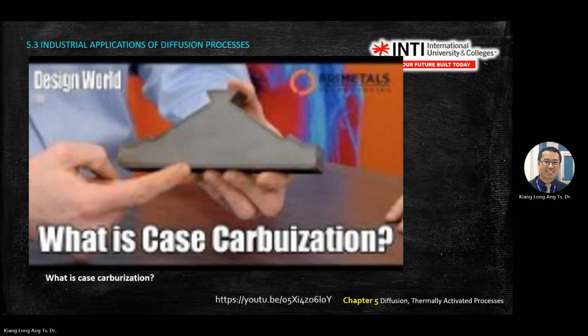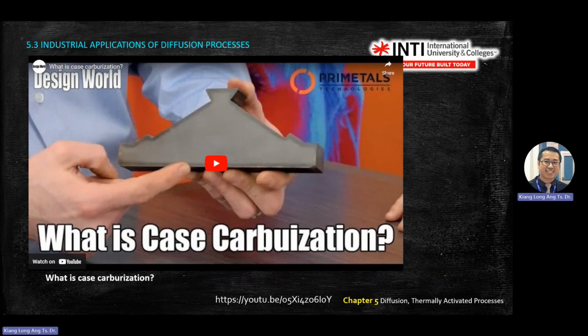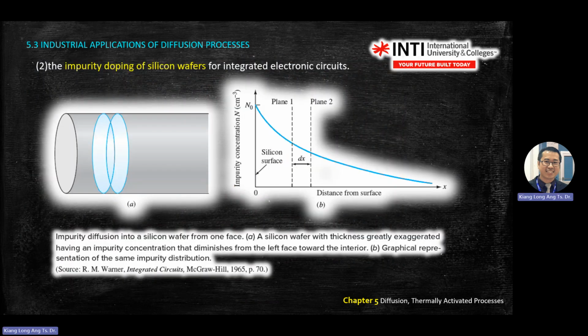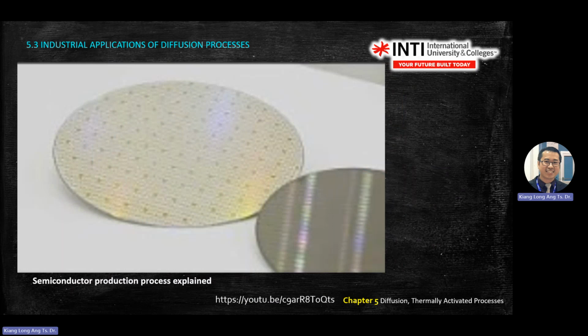This one, if you're interested, go and see. So this is a component in, I think, the aircraft. So you see there's a dark gray area here, a strengthened region using the carburization process. Go and read.